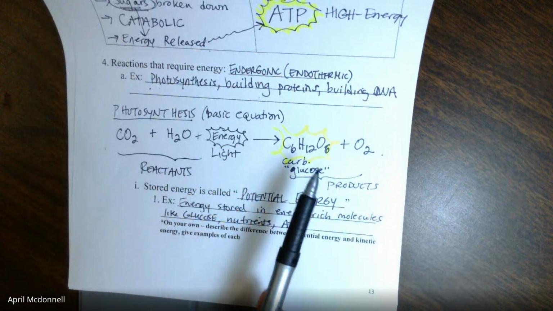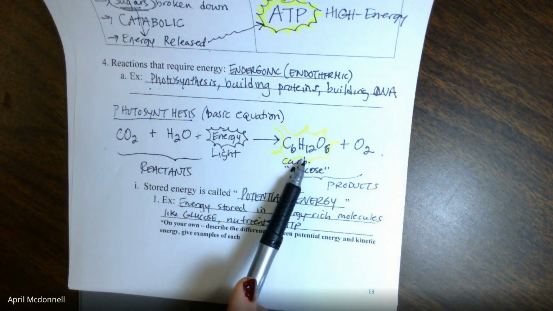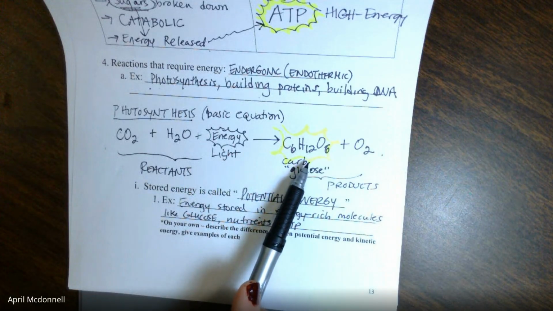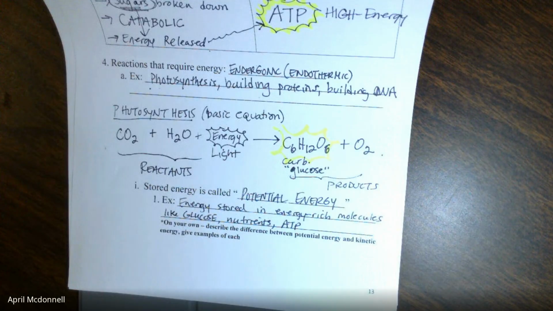So the energy that's stored inside of glucose before the cell breaks it down is considered potential energy. Anytime energy is stored, that's going to be called potential energy.